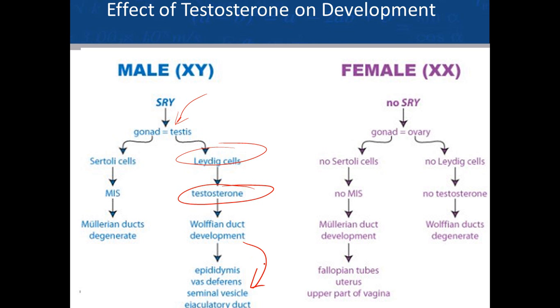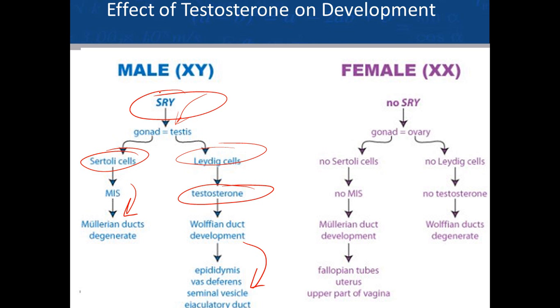Inside the primitive testes, there are also the Sertoli cells. The Sertoli cells produce a Mullerian inhibiting substance, MIS, and that has the effect of going to the Mullerian ducts and causing them to degenerate. So under the influence of the SRY protein, which is made by the SRY gene, you're going to have the development of the male reproductive system.